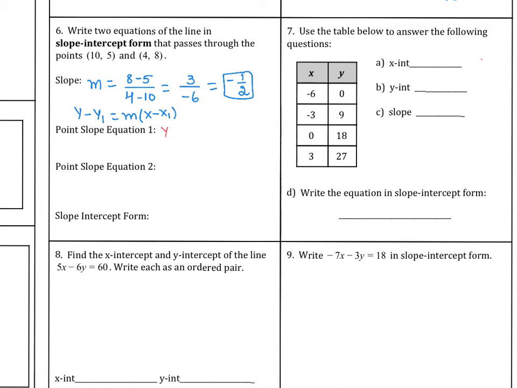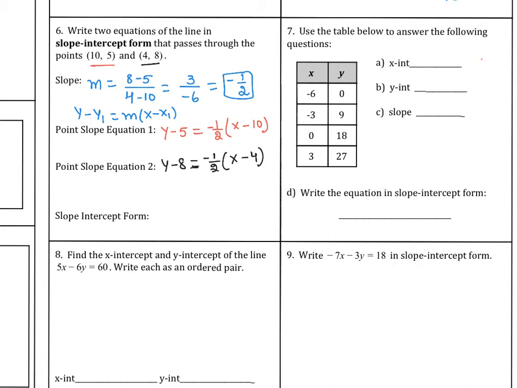In this case, I'm choosing the first point, so it's going to be y minus 5 equals negative 1 over 2 times x minus 10. For the second equation, I'm going to choose the point 4, 8: y minus 8 equals negative 1 over 2 times x minus 4.